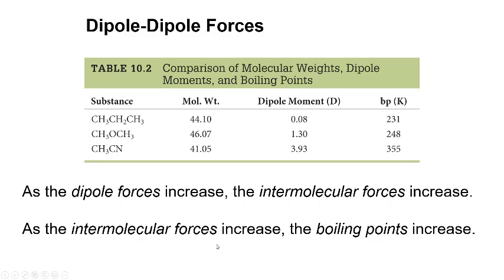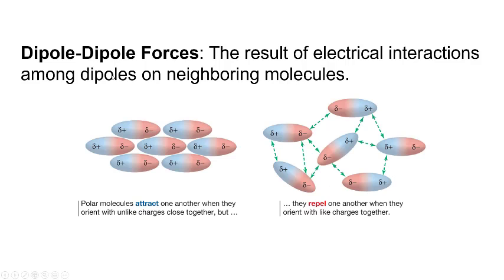As the intermolecular forces increase, the boiling point increases. So if we think about three different molecules here, each of them we can see has an increasing dipole moment. So that means that if we go back and take a look at this dipole-dipole interaction, the electrostatic force, the higher the dipole moment, the higher that D term, the stronger the interaction holding these molecules together is going to be.